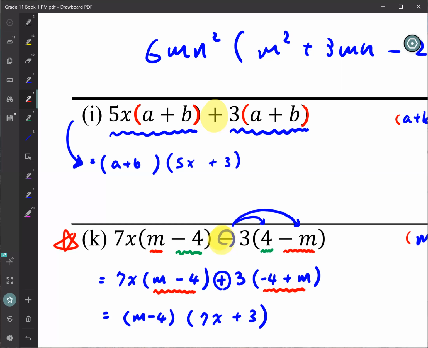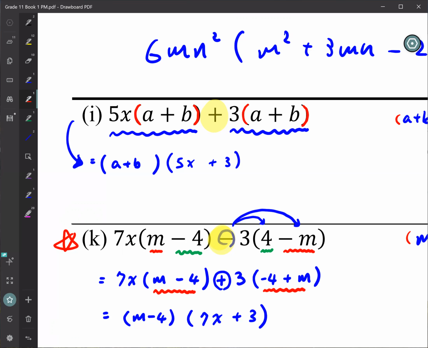And then we write it on the left side, as a bracket. Yeah, A plus B bracket. And then the remaining terms we put in a different bracket. Which is? 5x plus 3. Very good.